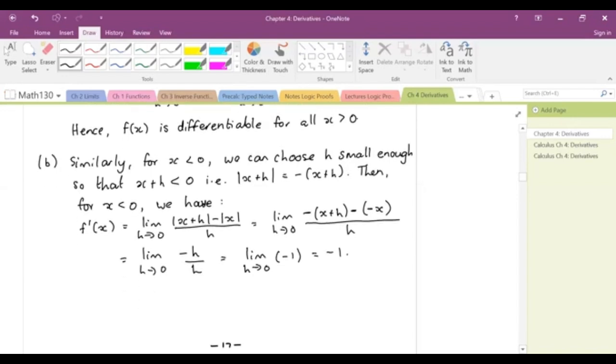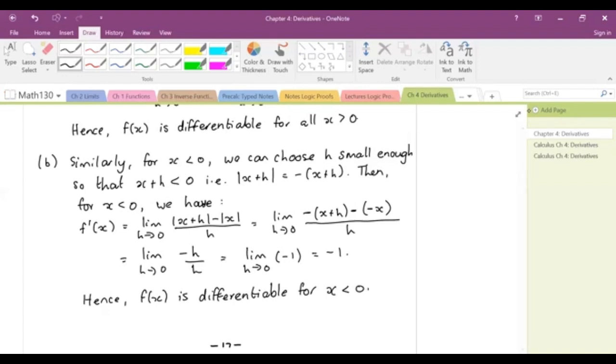So according to the definition of the derivative, the limit exists for x less than 0. It's equal to minus 1. Hence, f of x is differentiable for x less than 0.